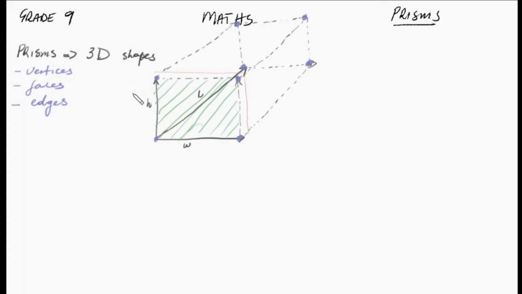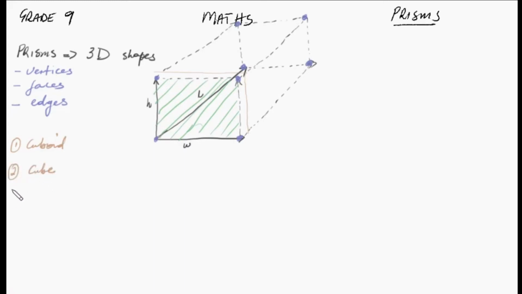All right. Now, let's get started. Now that I have defined a prism, we have several prisms. One, we have a cuboid. Number two, we have a cube.